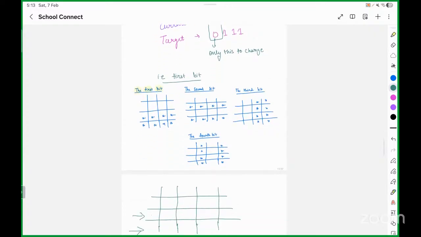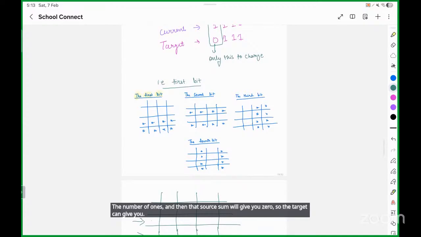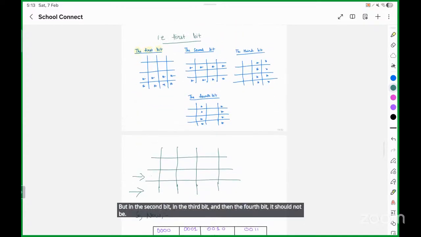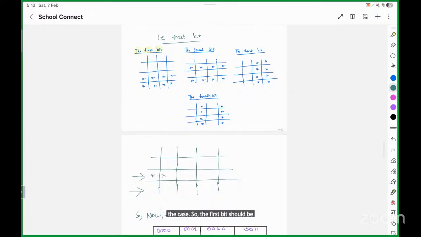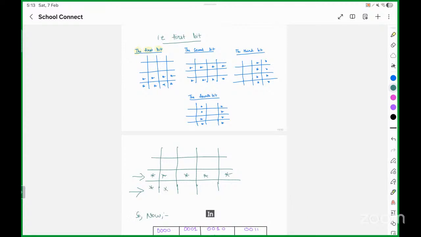So if we flip one coin, then there will be an even number of ones, and then that XOR sum will give you 0, so the target can give you 0. But the second bit, the third bit, and the fourth bit should not change. So the first bit should be the one that changes. So these are the possible changes in which we can flip the coin.